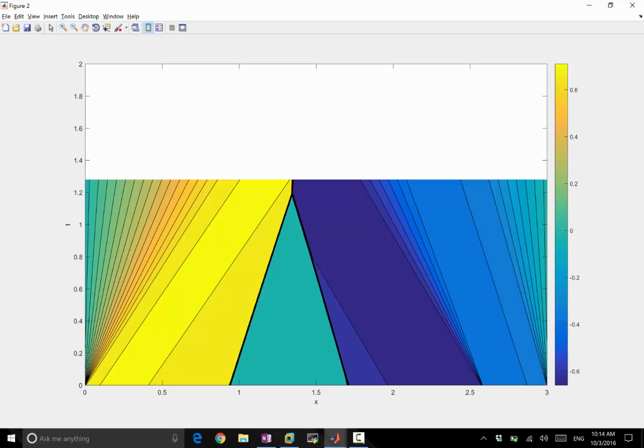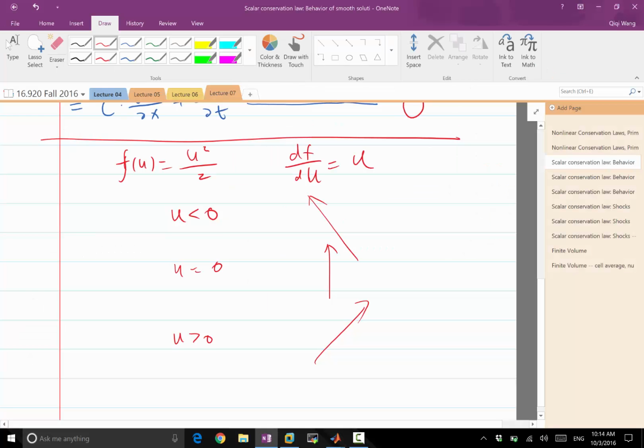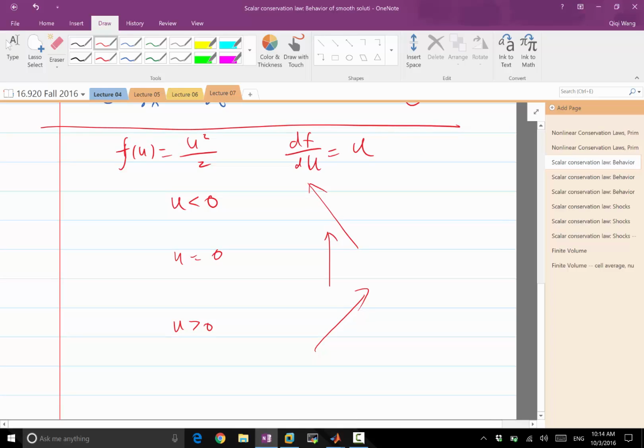So those contours we call characteristic lines. These are the characteristic lines of my solution: x equal to x naught plus df/du times t.